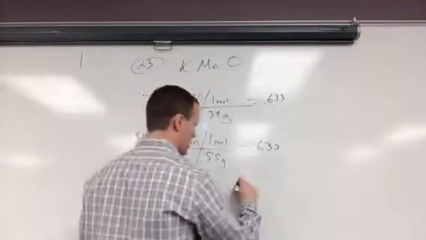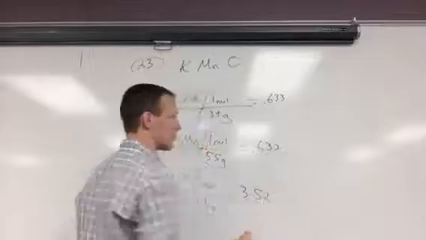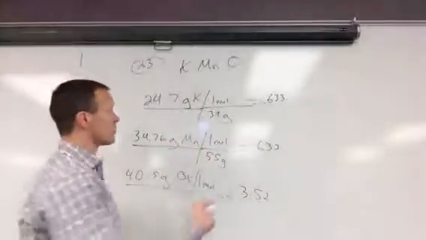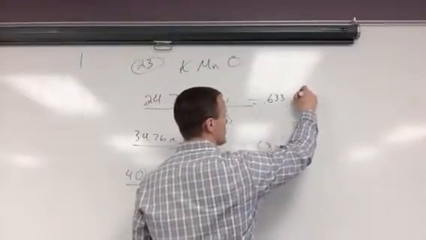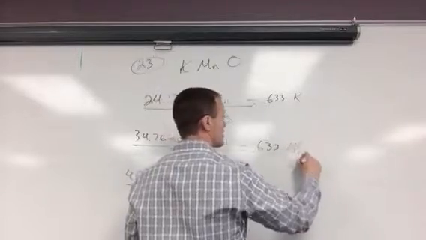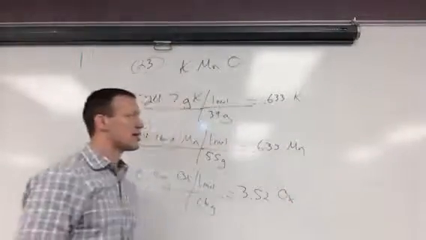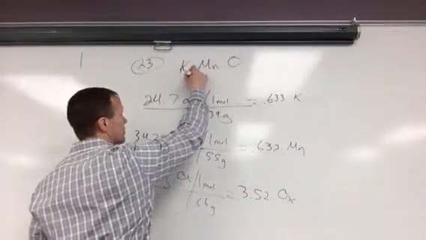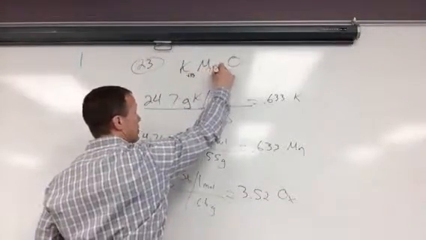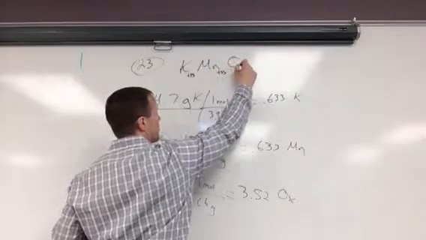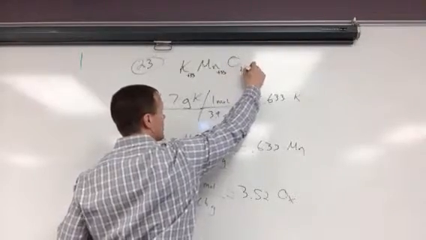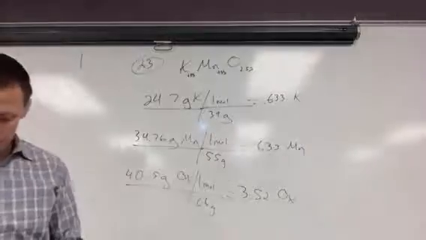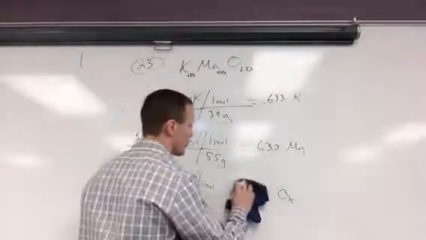That is 2.53. So again, this is moles of potassium, this is moles of manganese, and this is moles of oxygen. I can't write the formula like that, though. I can't write K 0.633, Mn 0.633, O 2.53.